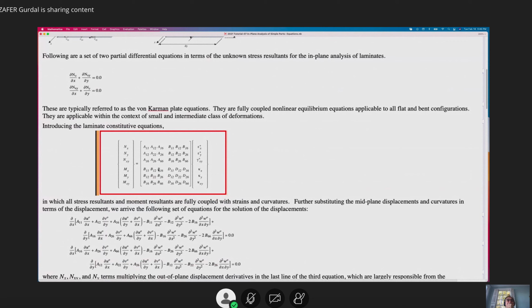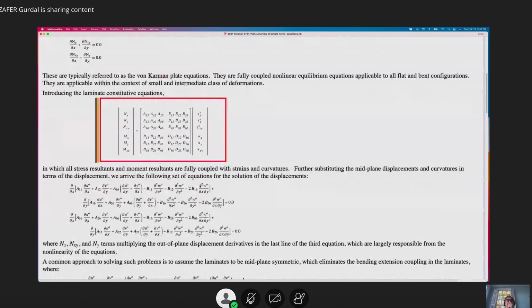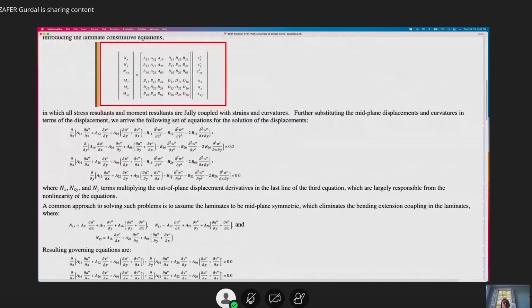We're going to still assume the B matrix to be 0, but the D matrix is there for the bending problem, and Nx will have D11 kappa x, and etc. in there. So this is a much more complicated problem that has to be solved in order to do the analysis of these plates.